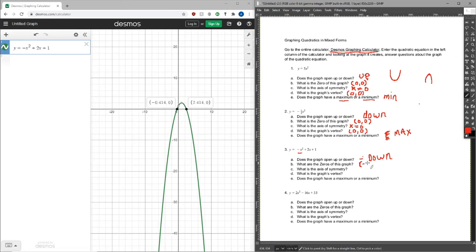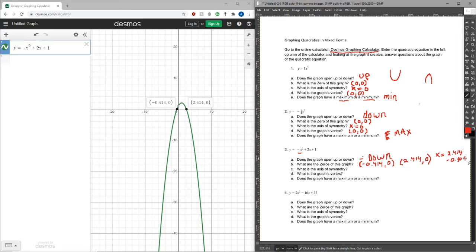So when we write what the zeros are, we'll write them just like it shows you on the graph. It's negative 0.414, comma 0. That's the first one. And the second one is 2.414, comma 0. You might also sometimes see it written as x equals, and then they would give you the number, like x equals 2.414, and also x equals negative 0.414.